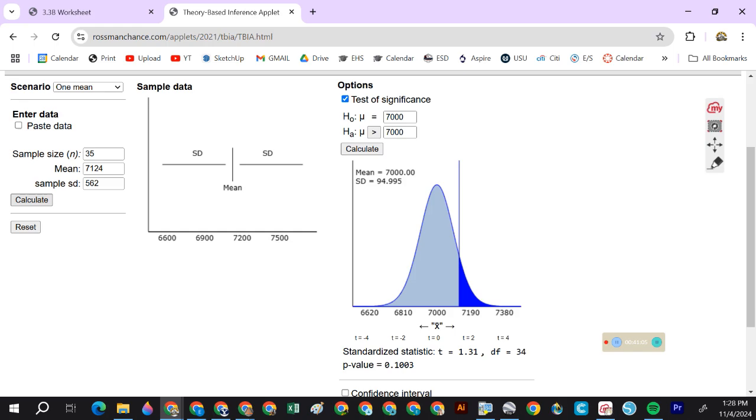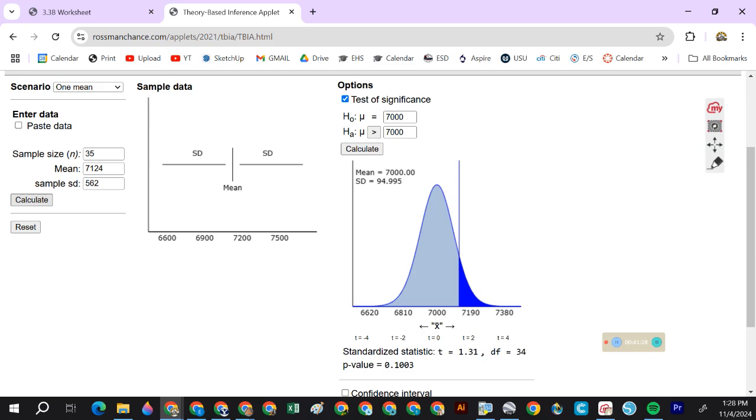No, which is weird. She claimed 7,000. We did a sample and got 7,124. Is that enough to prove that she gets at least 7,000 on average? No, it's not. We're going to accept the null, which means we don't think it's greater than 7,000.